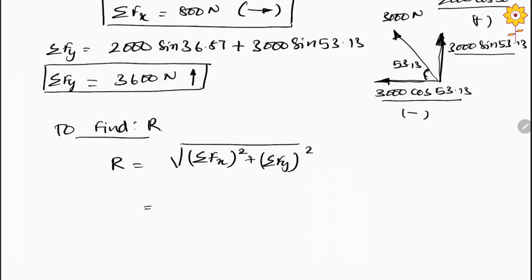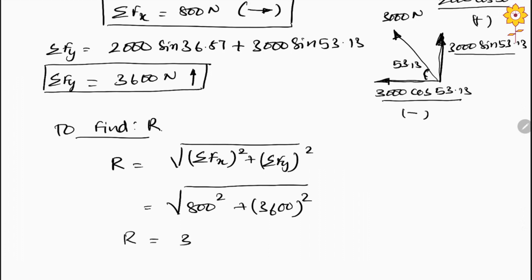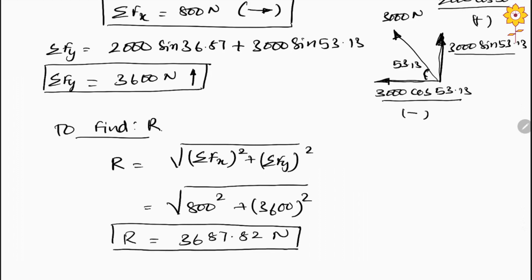If you put this value over here, 800 square plus 3600 square, if you take the root of this, we get r equal to 3687.82 Newton. So we found out the resultant as well. So now this is the magnitude.